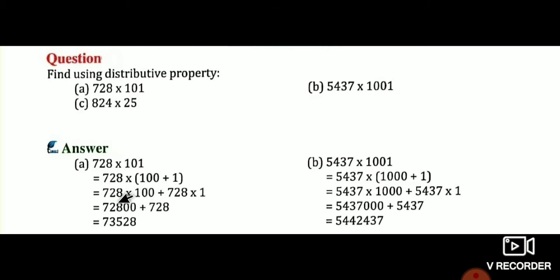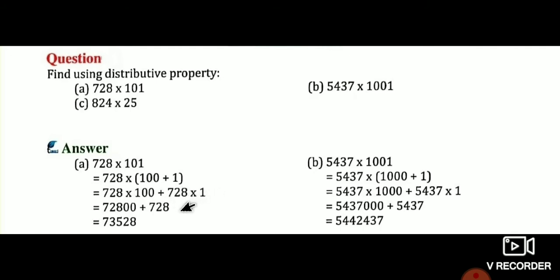Any number multiplied with 1 gives the same number itself, that is 728 into 1 is 728. So write 728 as it is and 2 zeros, therefore 72,800.